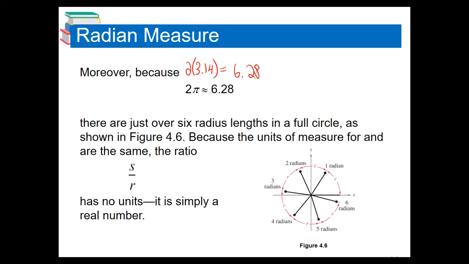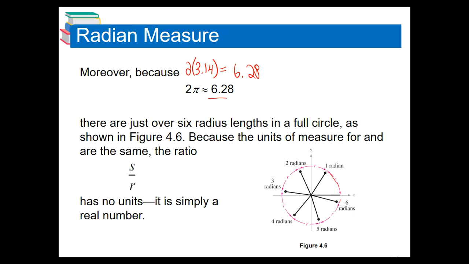What that means is in a full circle there are just over 6 radius lengths. Here's one radius. If I kept adding them, 2, 3, 4, 5, 6, and then just a little bit more. There are just over 6 radius lengths in a full circle, as shown in this figure.